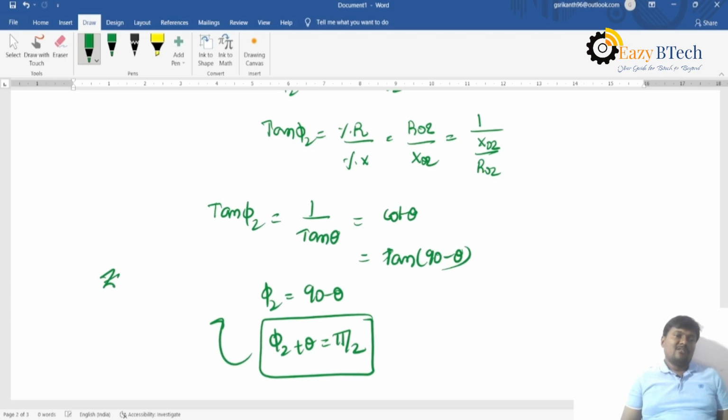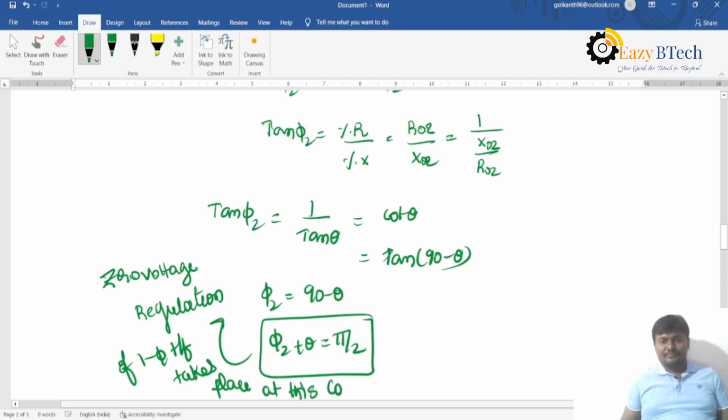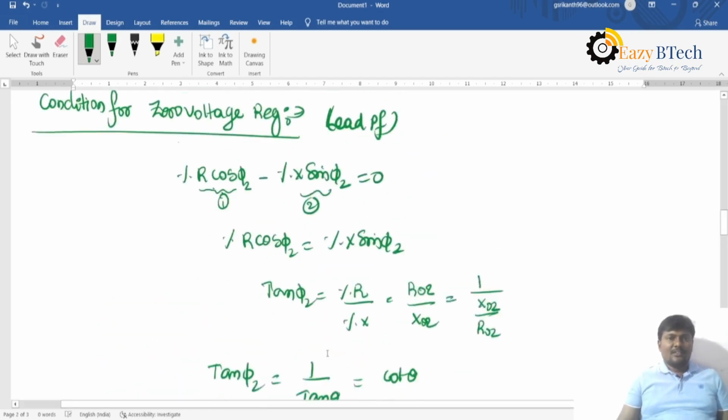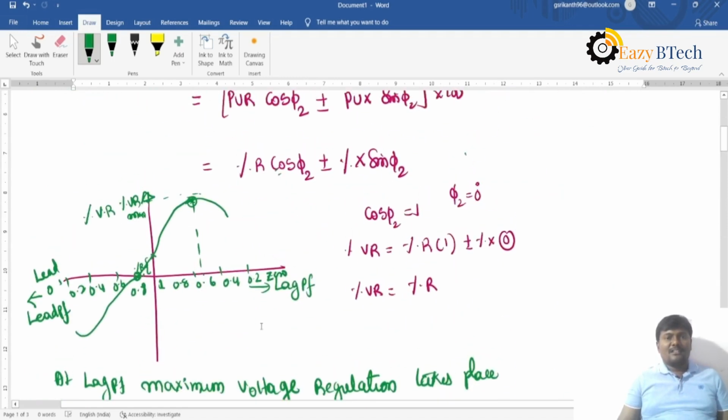Then zero voltage regulation of a single phase transformer takes place at this condition. So this is the condition for maximum voltage regulation and zero voltage regulation.